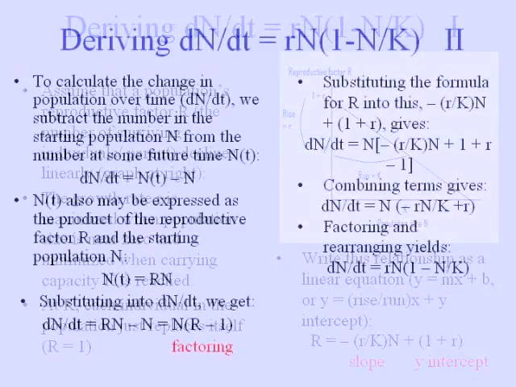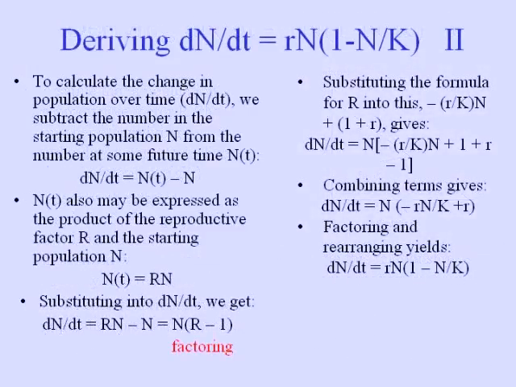So now, if we want to calculate a change in population over time, dN over dt is the symbolic formula that we've used before. We subtract the number of individuals in the starting population from the number at some future time, which we can call N sub t.